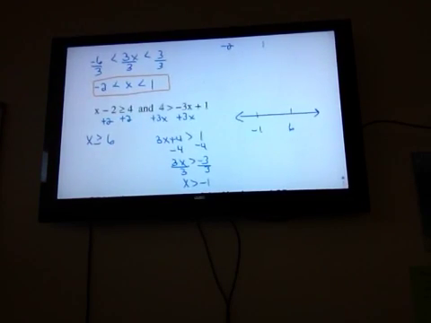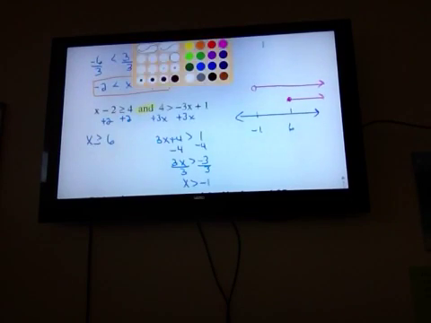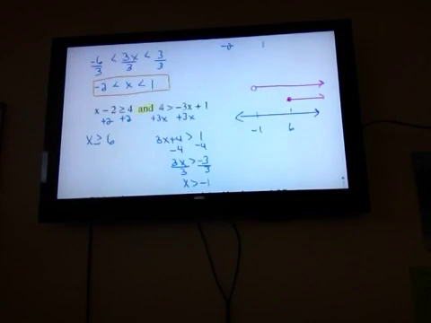Okay, helper graphs. Greater than or equal to 6. Greater than negative 1. And is an intersection. Where do these graphs start overlapping each other?